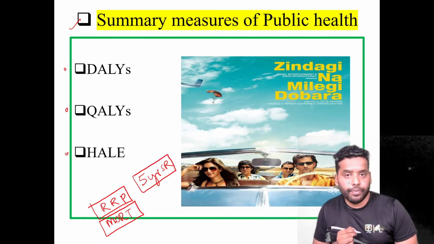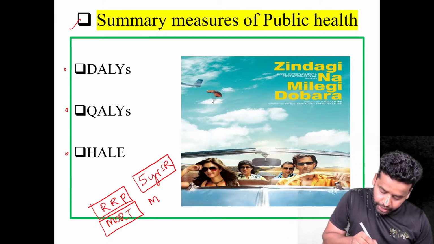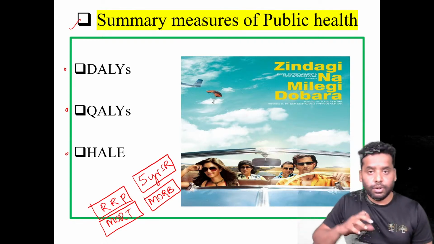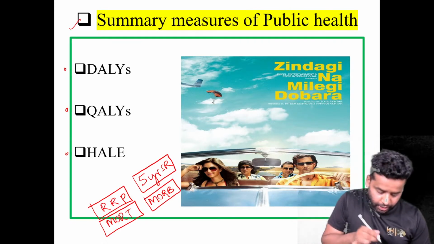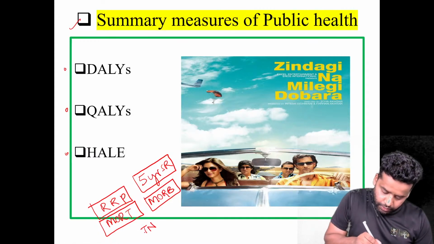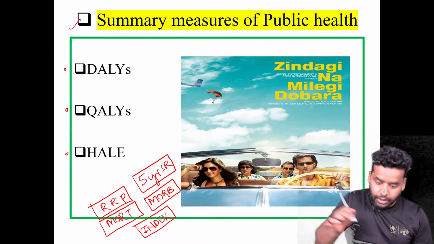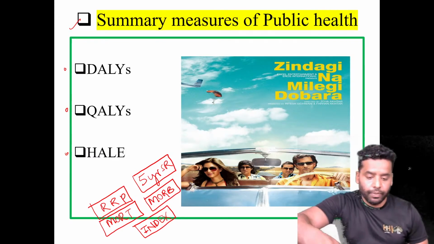Separately we discussed. Morbidity indicators, where we discussed all the points on incidence and prevalence related questions, how the questions will be framed in the exam. And we also covered the types of index. 3 index, and what are the things we need to discuss.